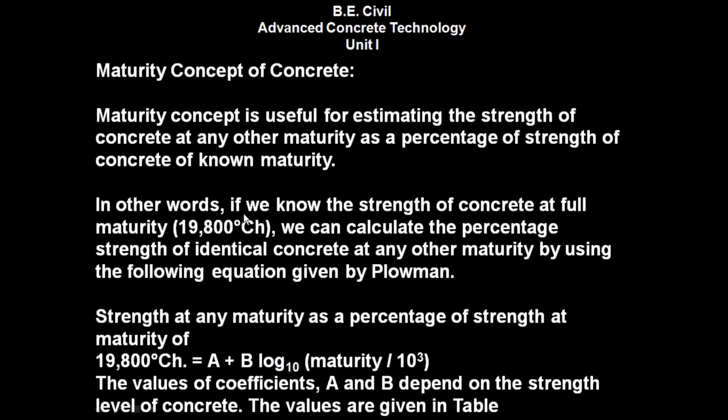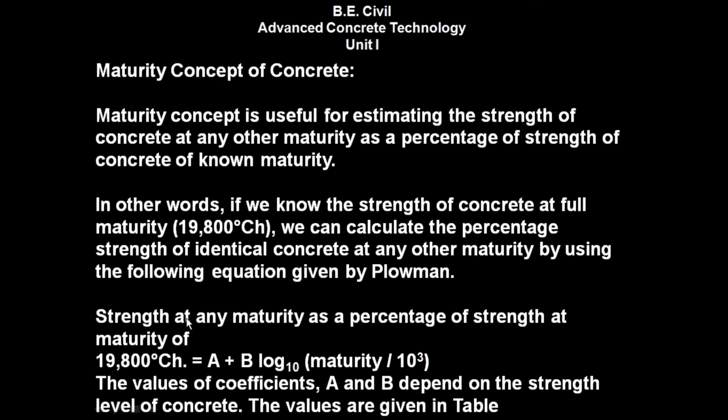In other words, if we know the strength of the concrete at full maturity, that is 19,800 degrees Celsius hours, we can calculate the percentage strength of identical concrete at any other maturity by using the following equation given by Plowman.